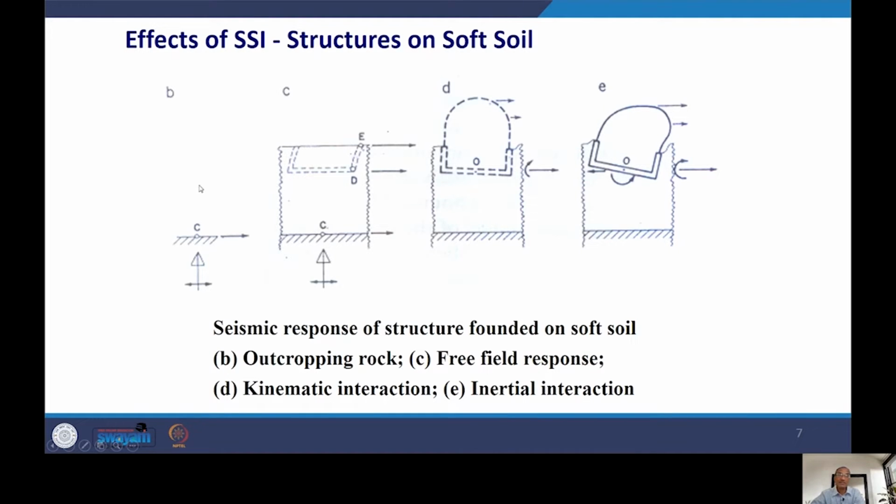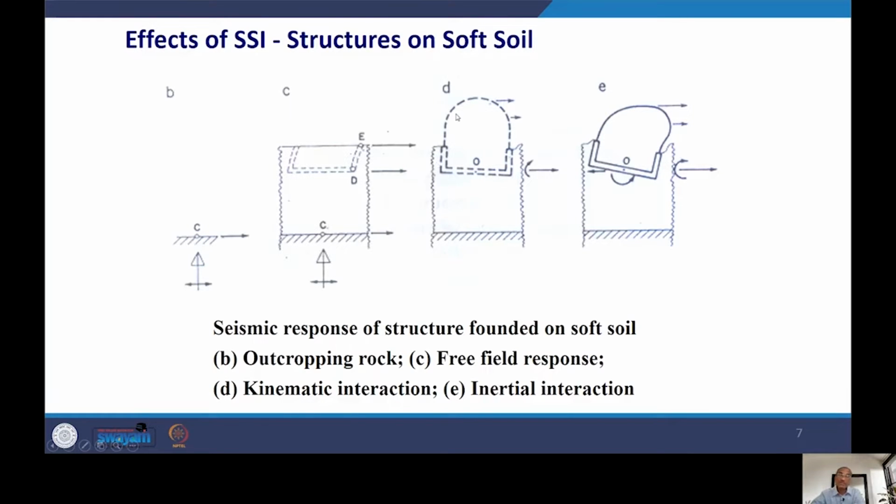First, there is no soil in figure B, which is called rock outcropping. Then in part C, you have the soil on top of it. As a result, your input motion gets amplified. The size of these arrows shows the amplitude of the response, as we have already discussed.